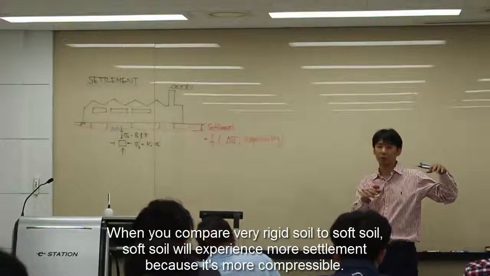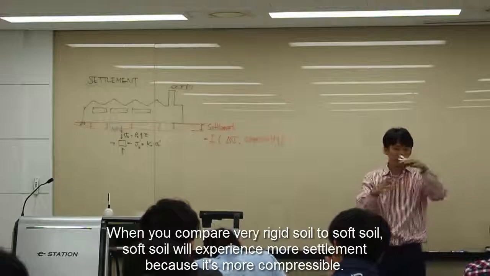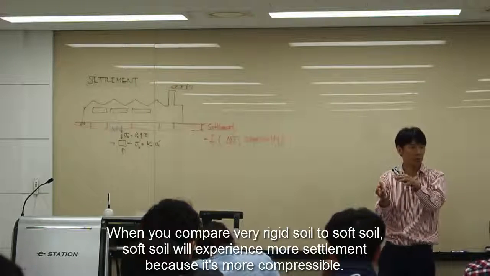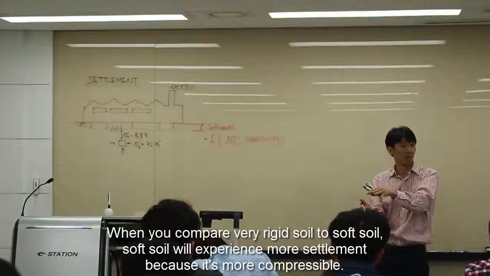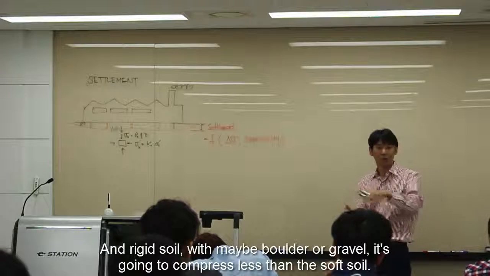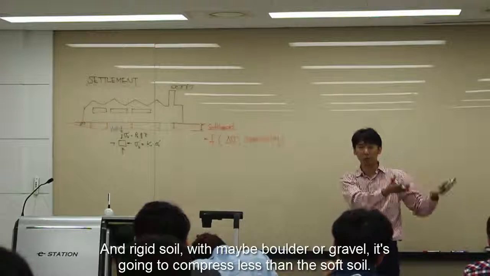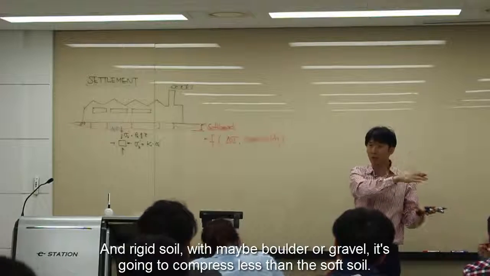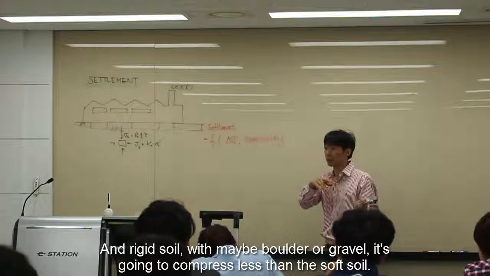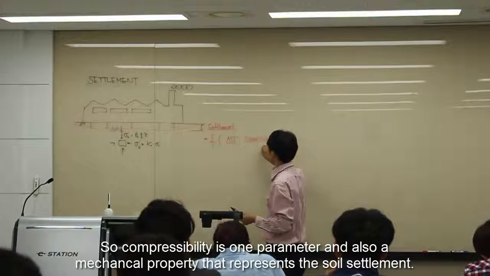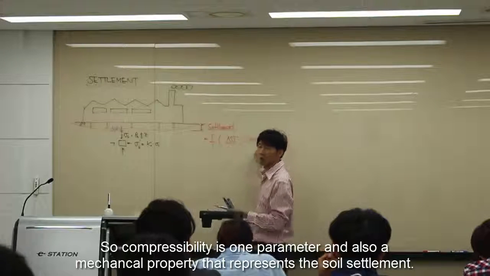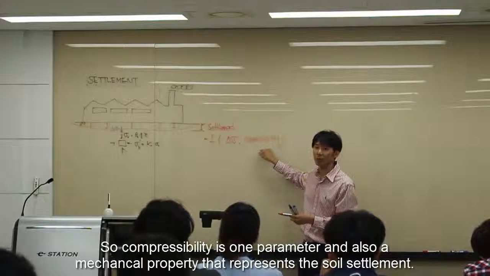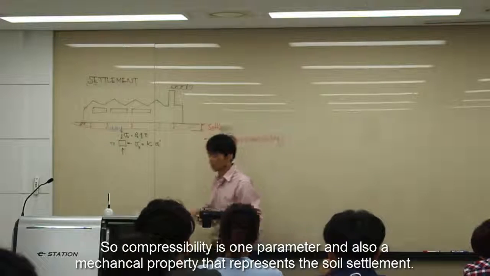When you compare very soft soil to stiff soil, the soft soil will cause more settlement because it's more compressible. And rigid soil with maybe boulders, with gravel, is going to compress less than the soft soil. So compressibility is one parameter. It actually is a parameter that represents the soil compressibility.